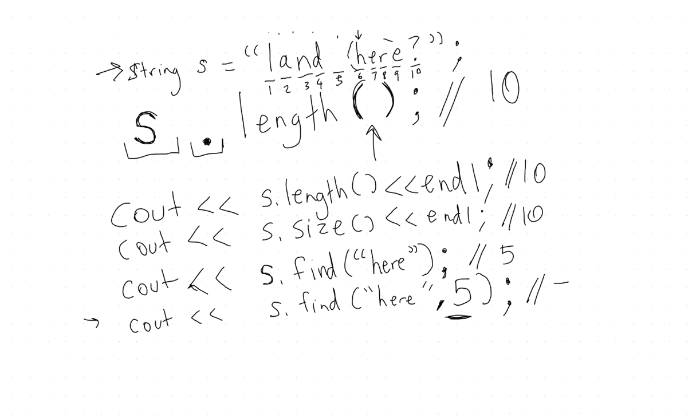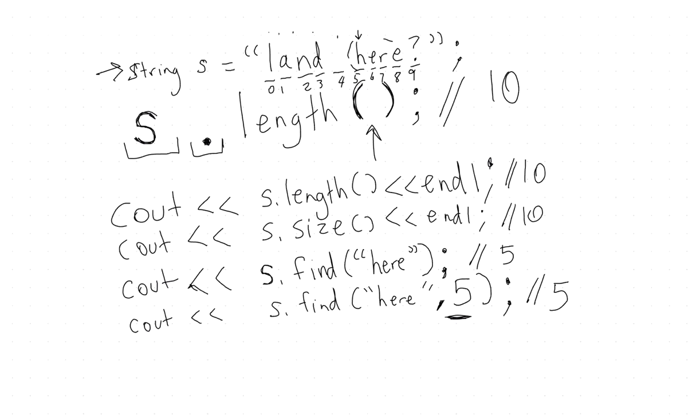This is 5, because these are indexed from 0. I'll just erase this so I don't confuse myself. With strings, you want to treat them like character arrays. You can index them, things like that.